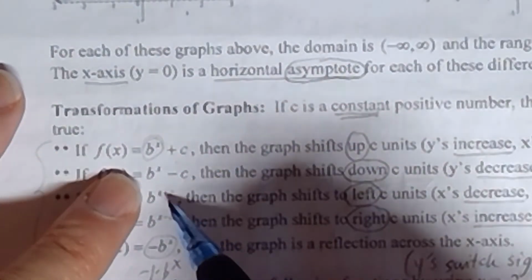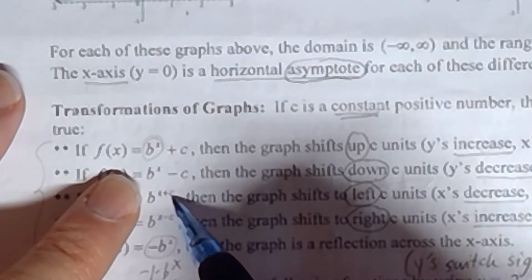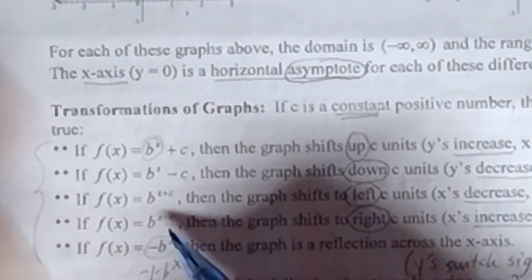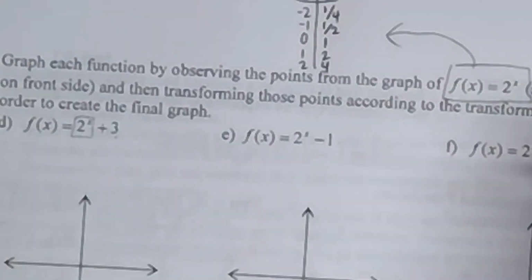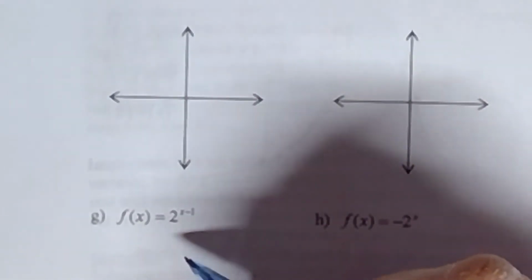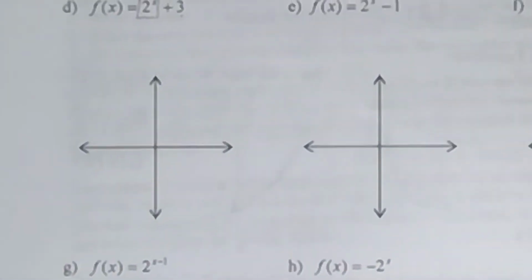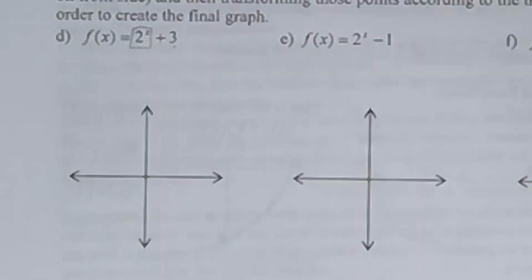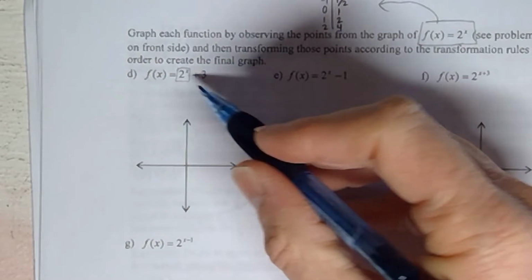Now, if you have plus 3 or minus 1 inside of the exponent, see how we have that here in the third and fourth problem? You add 3 to the exponent and you subtract 1 from the exponent. See the difference there? The plus 3 and the minus 1 are inside of the exponent instead of being behind the entire thing.